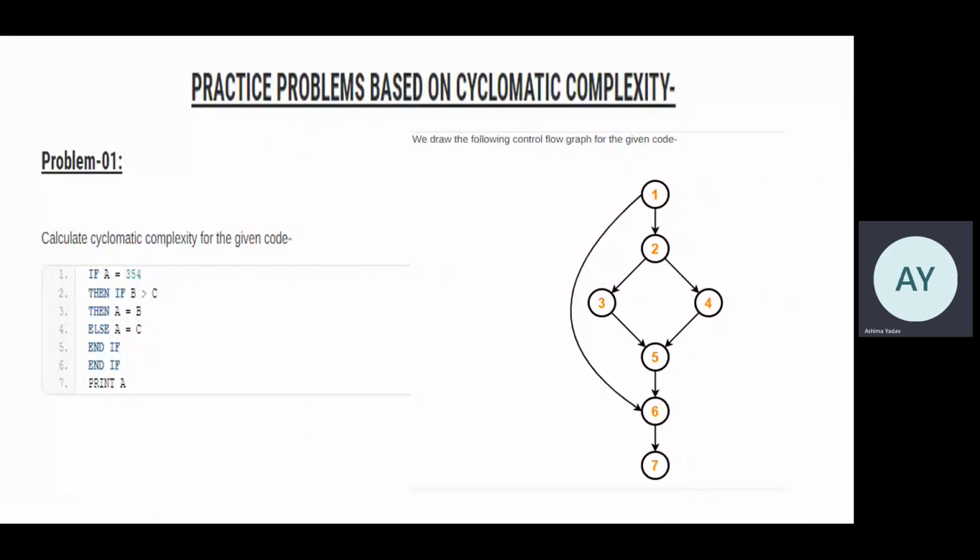As you can see in this piece of code, again some piece of code is given to you. You need to first draw the control flow graph, which is the CFG of the code. So if I have this following piece of code, how will I draw a control flow graph of it?